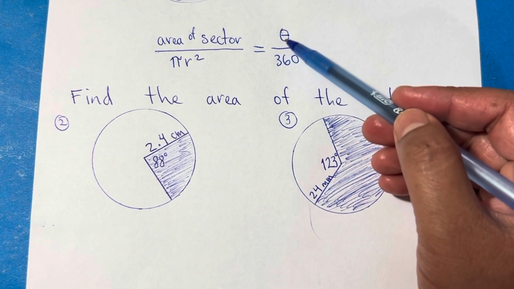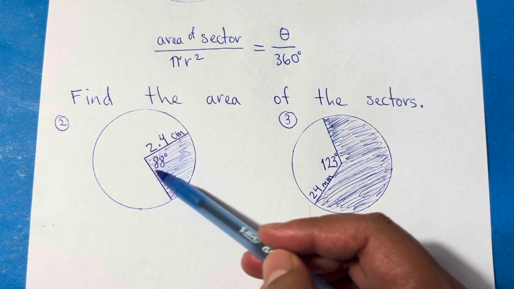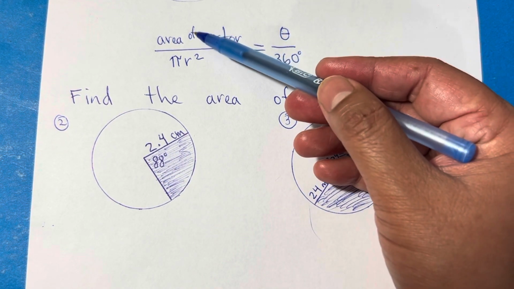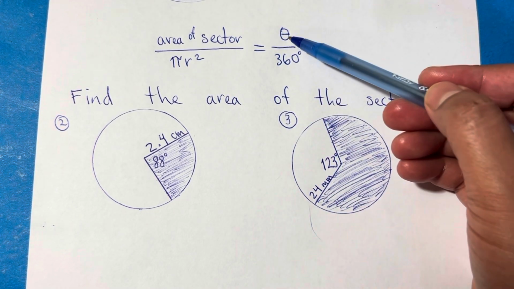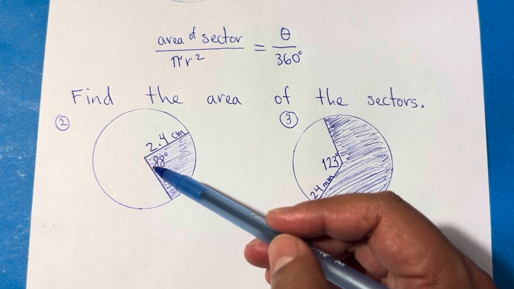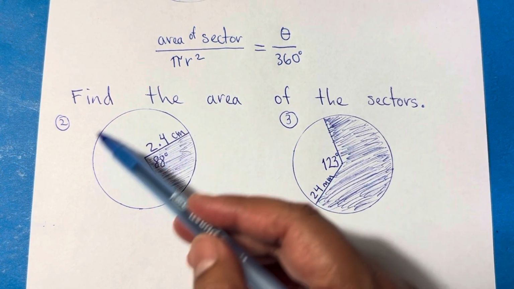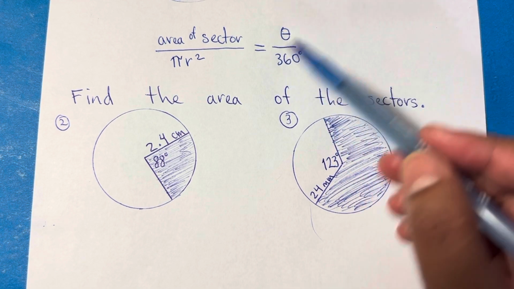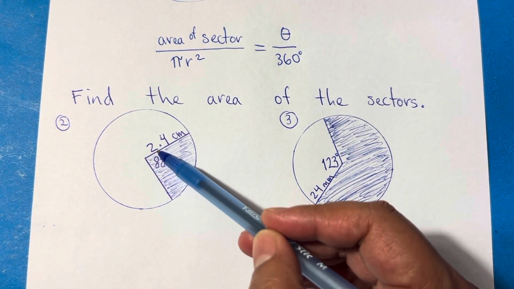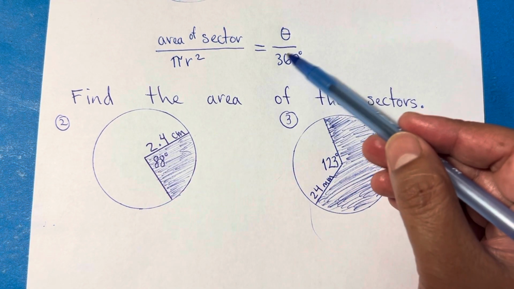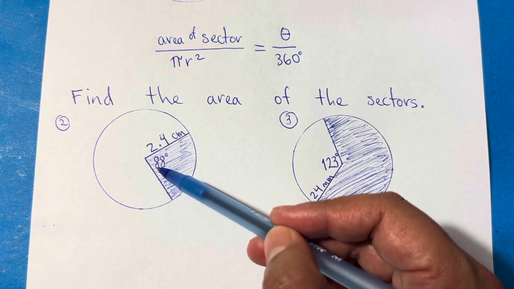So we're going to replace theta with that part of the whole in degrees. The area of this small sector divided by the area of the entire circle is equivalent to the degrees of this angle over the entire degrees of the whole circle.